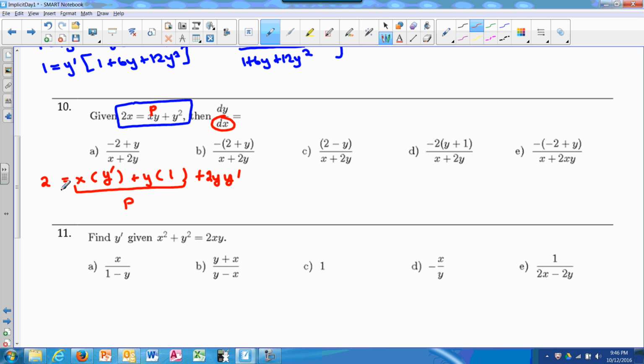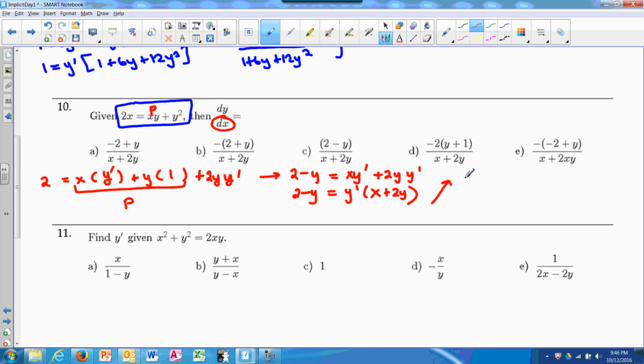So I'm going to subtract the y to get it over with the 2. So I get 2 minus y equals x times y prime plus 2y times y prime. Factoring out the y primes, I get x plus 2y as my product term.